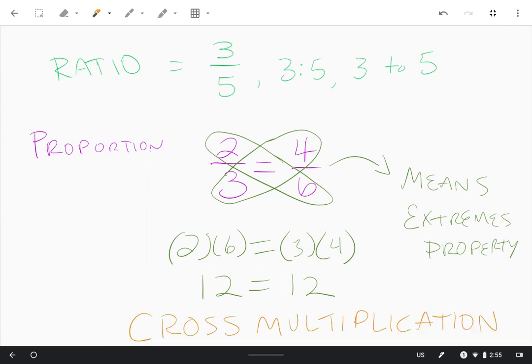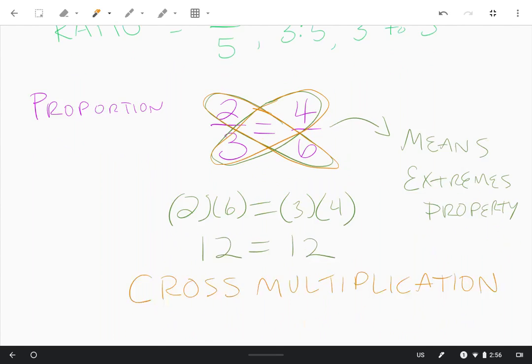And this method of multiplying the diagonals, like you see here, is the main method we're going to use when we're trying to solve proportions. So the means extremes property means that if I multiply the diagonal values in my proportion, the answers to those are going to be equal.